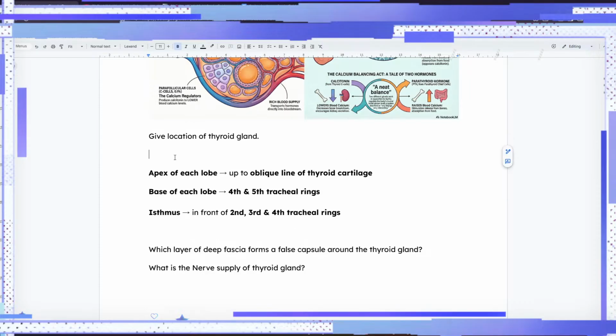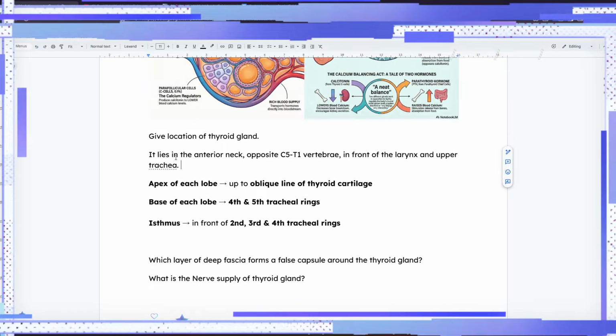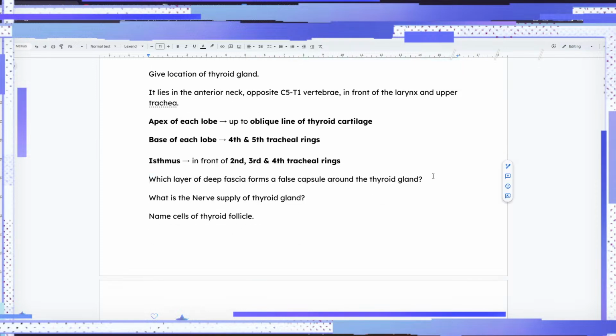So technically the main location is that it lies in the anterior neck, opposite C5 to T1 vertebra, in front of the larynx. Which layer?